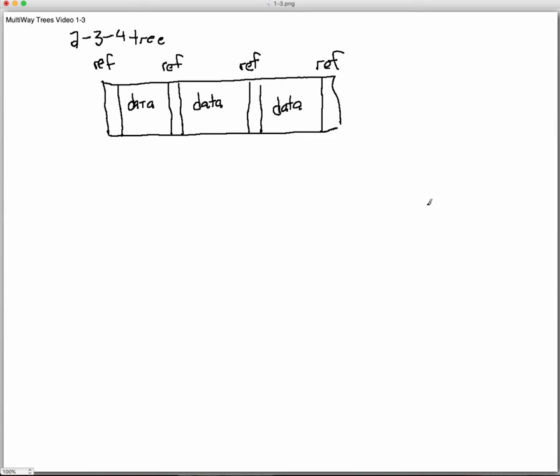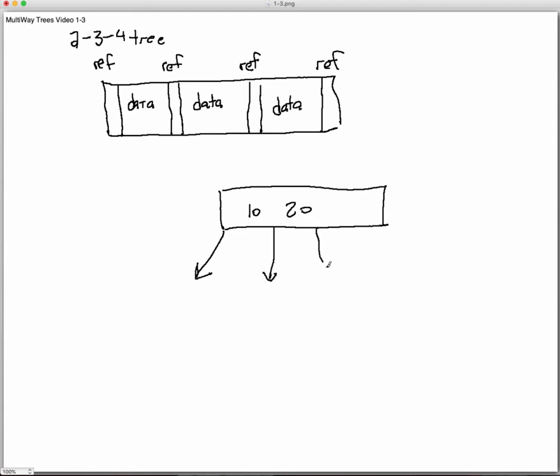Okay? So the basic idea of what's going to happen here, and we'll get into a lot of details in a second. If we were to look at an example of a 2, 3, 4 node, and there's a 10 over here, and there's a 20 over here, this is going to be a reference to another node. This would be a reference to another node.